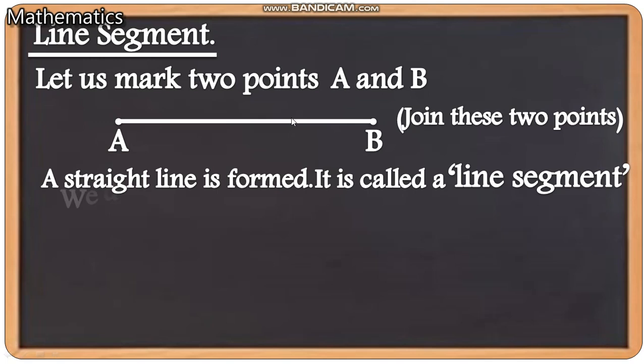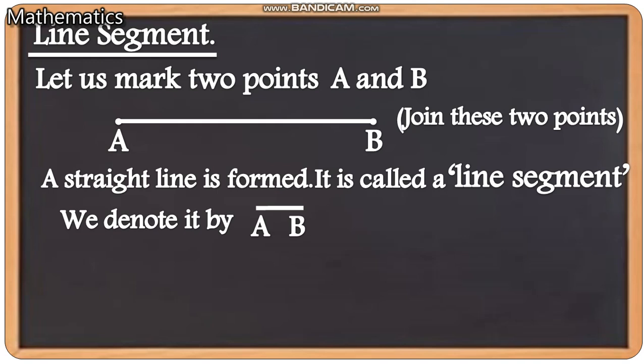We denote it by drawing a small line segment, and right under that line segment, small capital letters A, B or P, Q, any 2 continuous letters you may write.